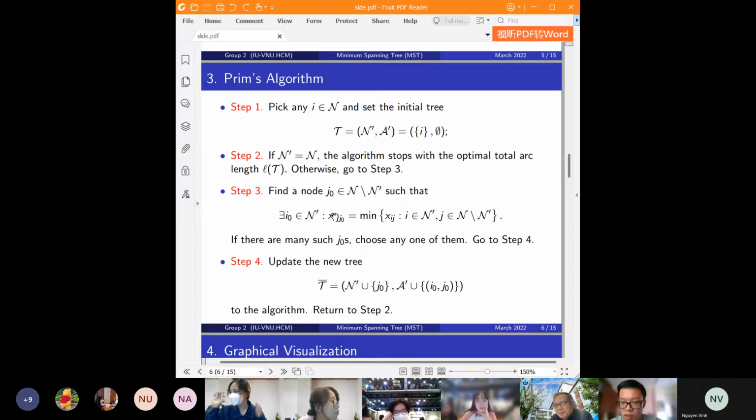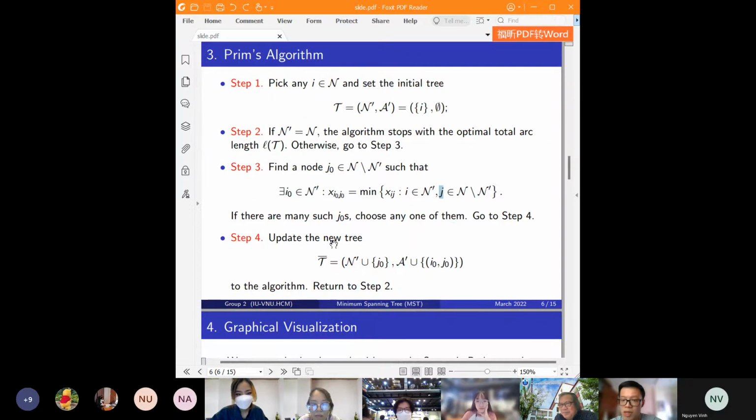We consider all edges which connect one node already in the tree and one not in the tree yet, and we select the one with the minimal length and add that arc to the current tree. There may be several arcs of the same minimal length that can be added to the tree. Then we can choose any one of them.